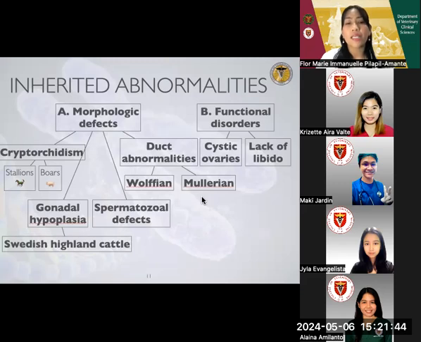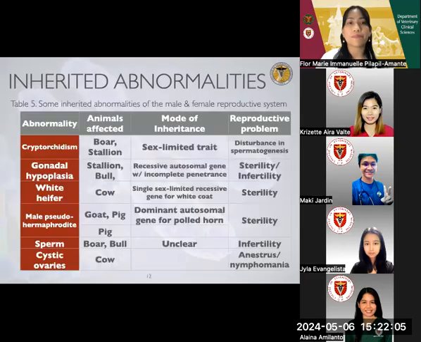That's why it can lead to freemartinism, or we have this hypoplasia. Okay. For functional disorders, the external signs would be either cystic ovaries, leading to nymphomania, or lack of libido in terms of the male counterparts.